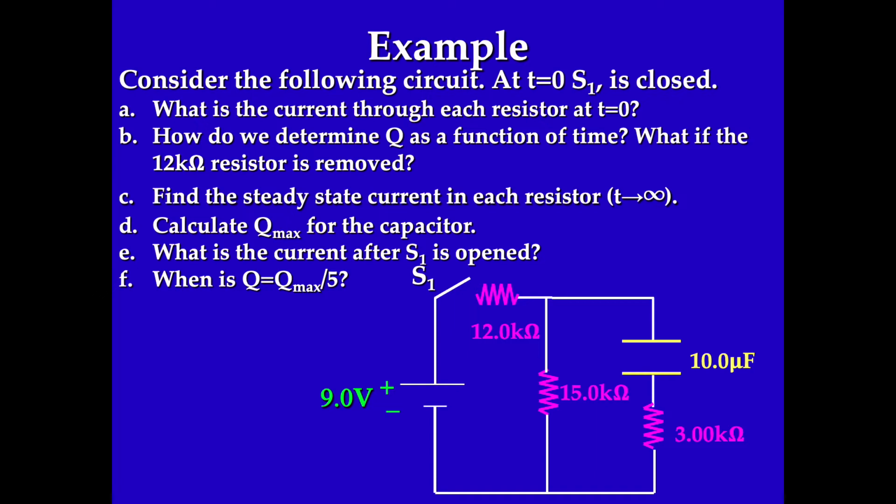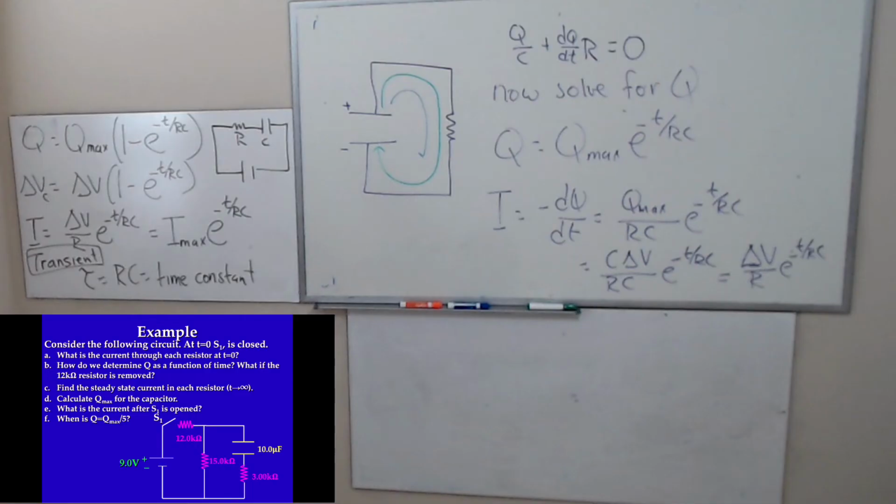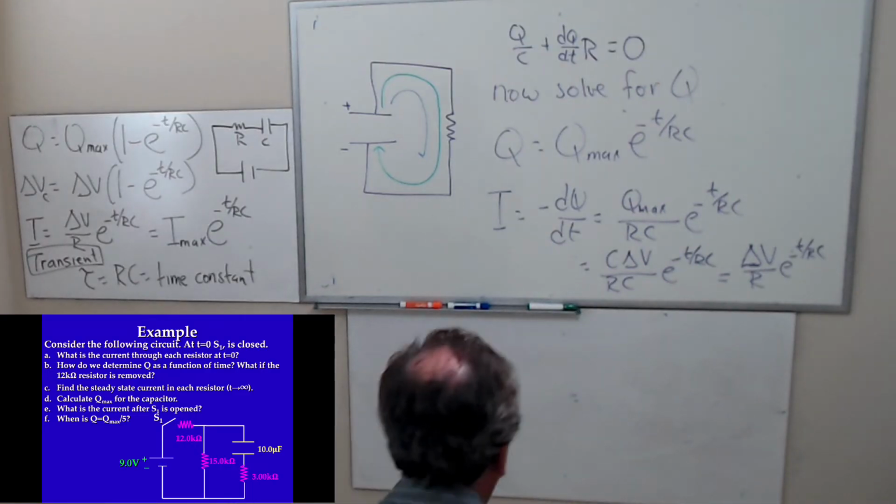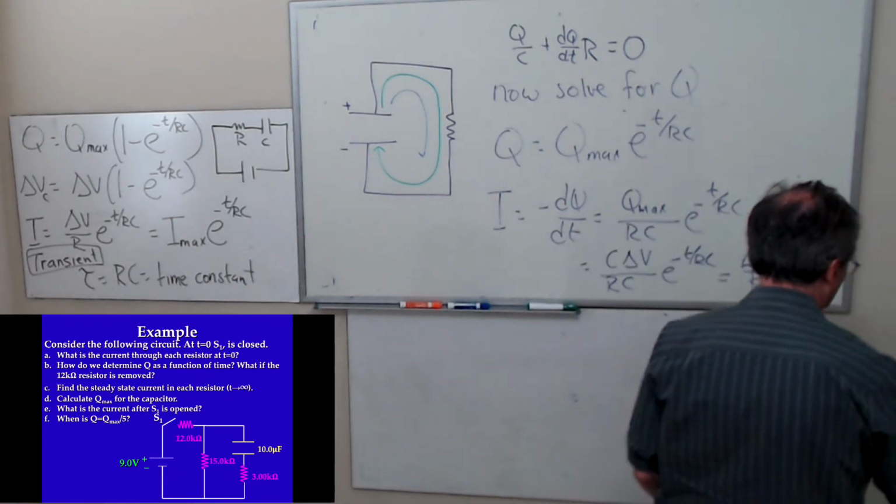So first question is, what is the current through each resistor at t equals 0? I close the switch. What is the current through each resistor? How does the capacitor behave? Like a wire. Okay. So the capacitor acts like a wire at t equals 0.